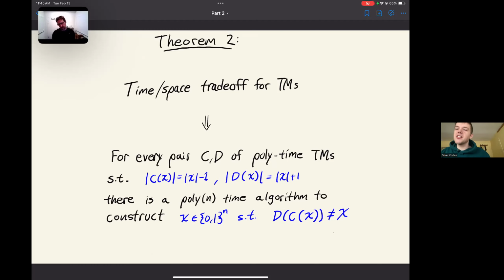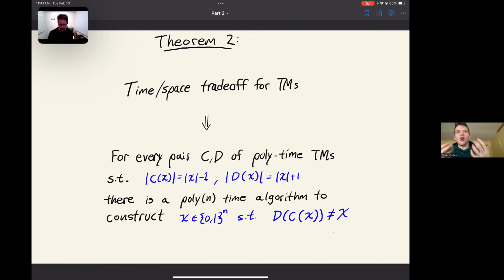And for every compression scheme like this, I can define the following explicit construction problem: given n, I want you to produce an n-bit string which fails to be compressed by this scheme. So, sorry, I know this is a lot to absorb. I have one pair of polynomial time Turing machines that define what I'm calling a compression scheme.